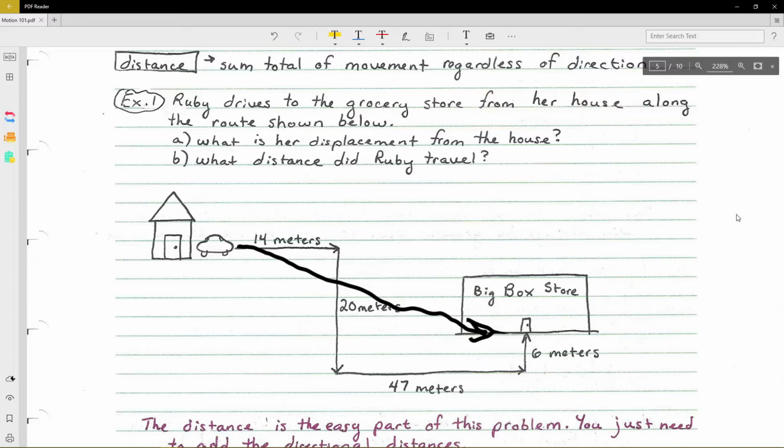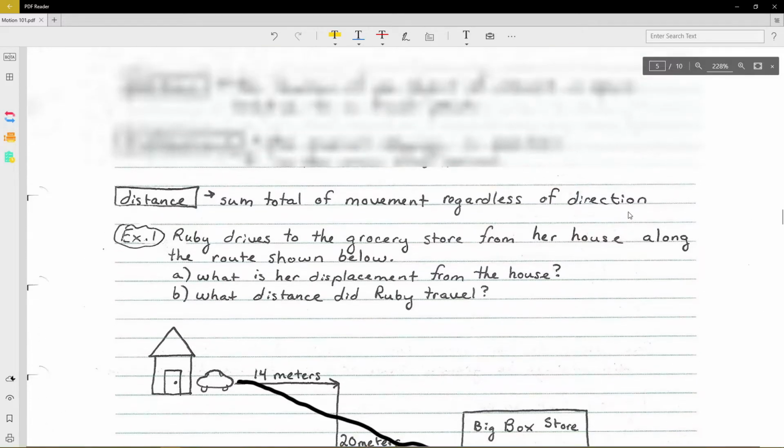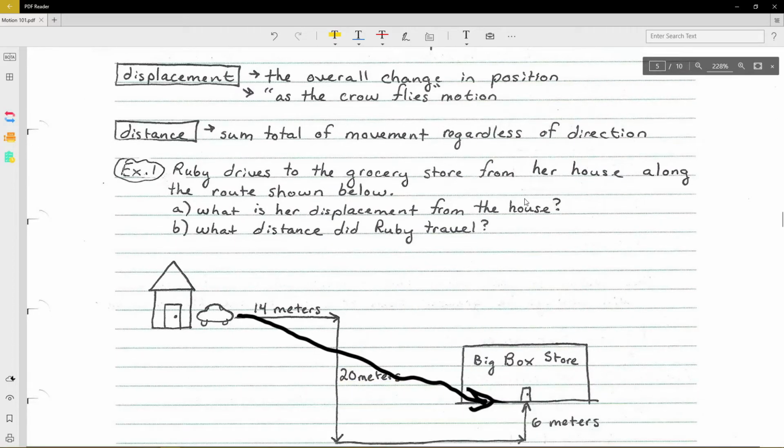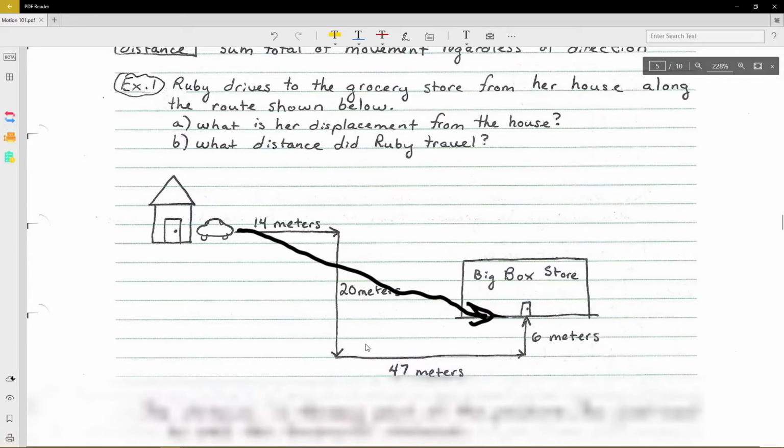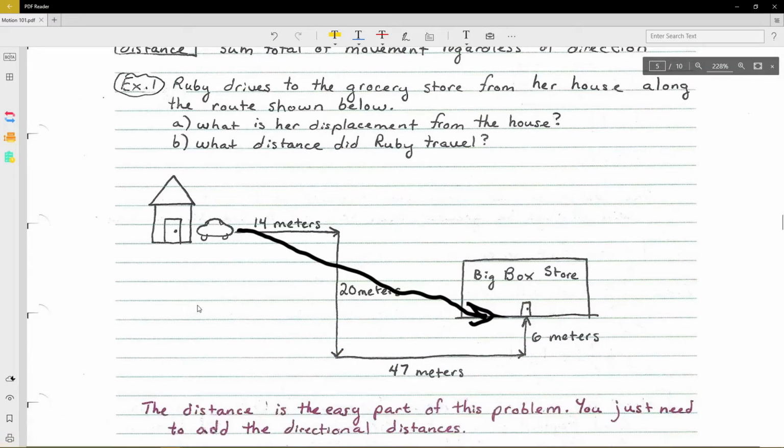But if you were a bird, birds can just go over all those obstacles, and they just don't care. That's what as the crow flies motion means. Regardless of anything in their way, they can just go straight there. Nothing matters besides that. So we're going to need to do some fancy calculations to solve for that.